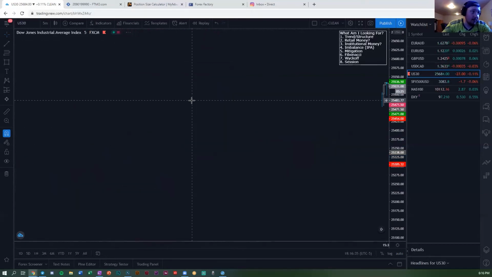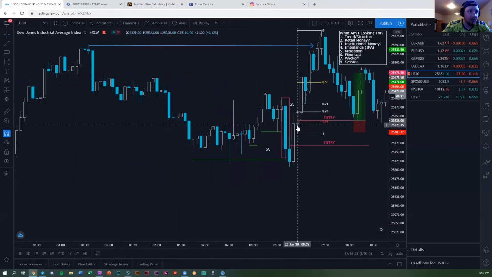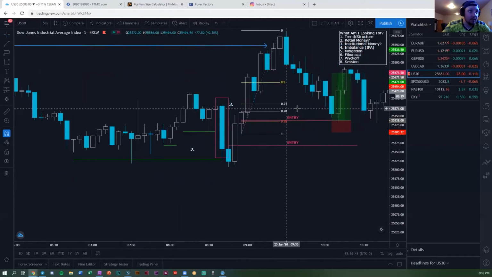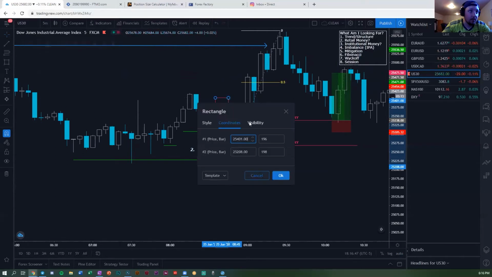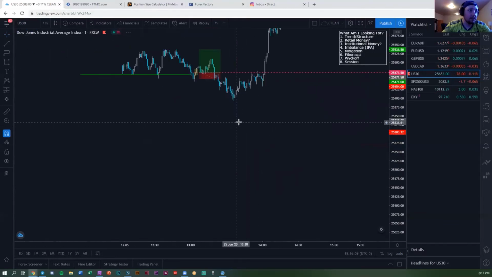Like I said, it'd probably be easier to see on the 5-minute, because look at that whole institutional move, right? That whole institutional move all the way down to this wick. 198, we're gonna go 202, actually 200. So there we go. We have our whole institutional move marked up.